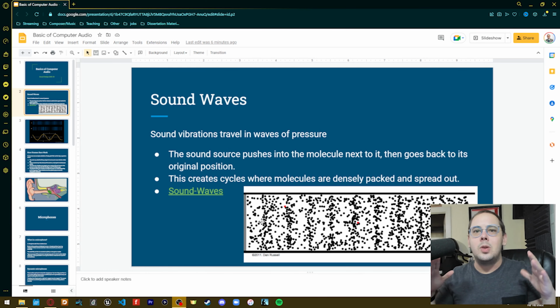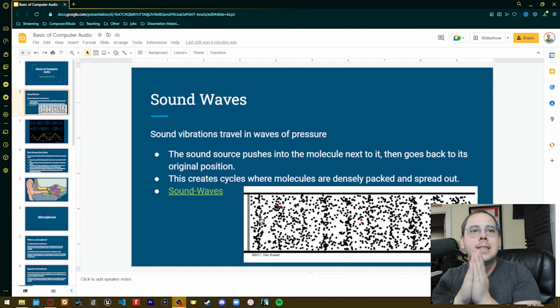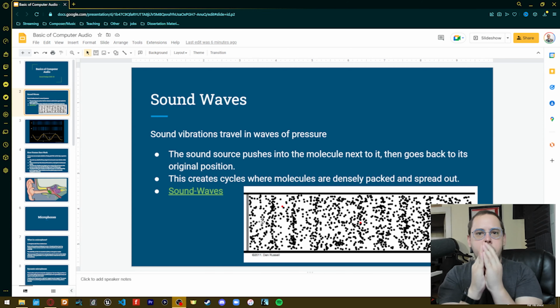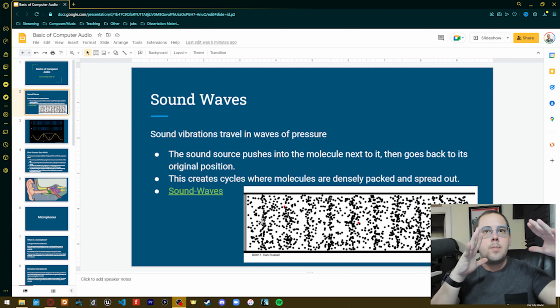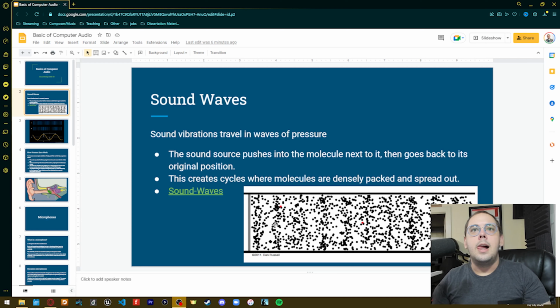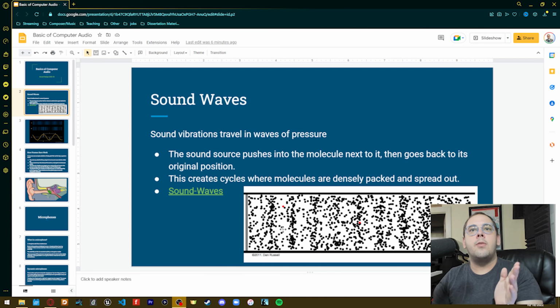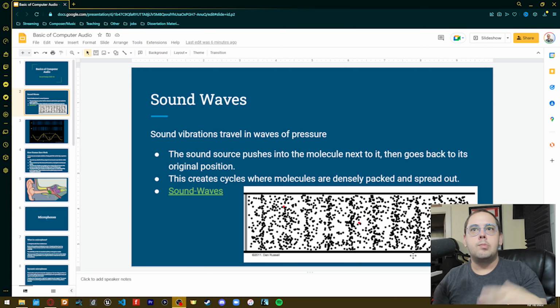It's going to result in this bunched up wave of a higher density of air molecules. This just means there's a higher air pressure here, and then they all bounce off of each other and it relaxes. But then those ones that bounced off are going to go hit these other molecules here, and so on and so forth. And we basically get this wave of high and low pressure, and that is traveling through something.